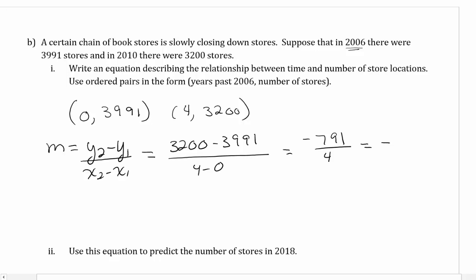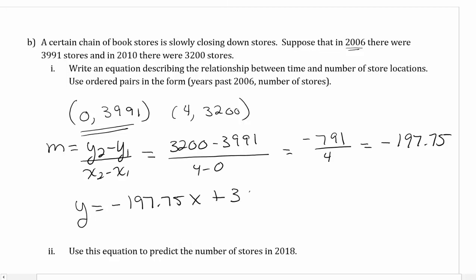And so this is negative 197.75. And you can write this as a decimal when you're doing these in word problems. And a nice thing about this point is that it is our intercept, so we can write out our equation right away. y equals our slope, negative 197.75x, plus our y-intercept, which is 3,991.